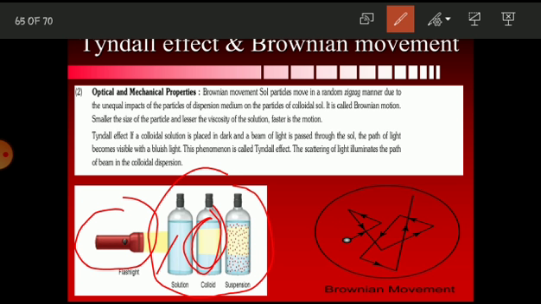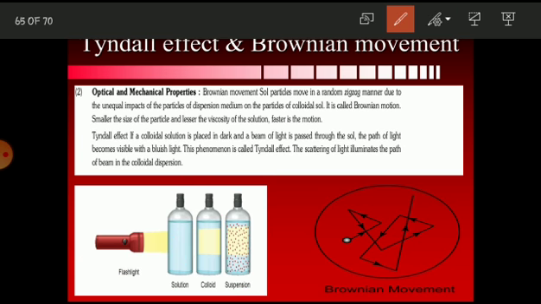Remember, the Tyndall effect is nothing but the scattering of light by colloidal particles which are present in a colloidal solution. It shows the path of the light in the colloidal solution. That is called the Tyndall effect.